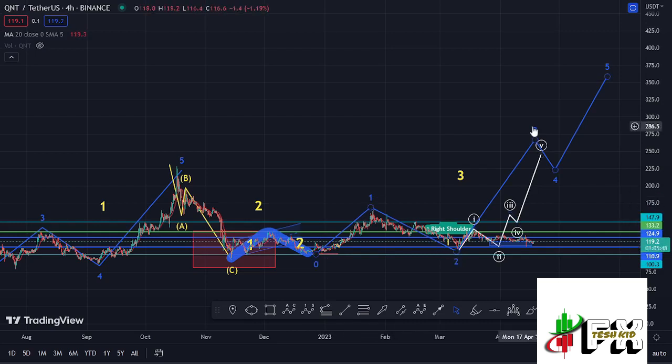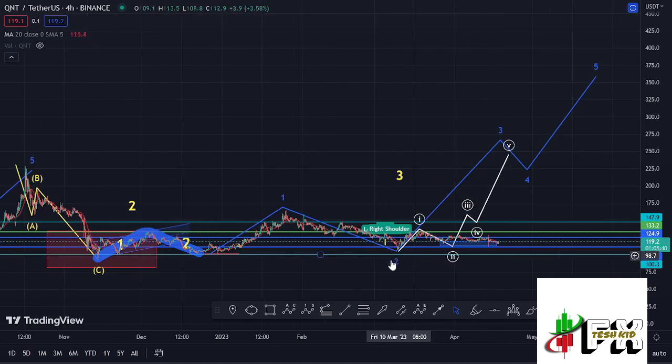Now my primary scenario is that whatever we are seeing at the moment is the formation of this wave 3, and because of its impulsive nature, I'm also expecting to see a 5 wave structure in formation, having the wave 5 fully maximizing our target areas, where that is the micro Elliott wave count that has just given me the short-term scenarios, having the target areas in the formation of that wave 3 at around the $157 mark.